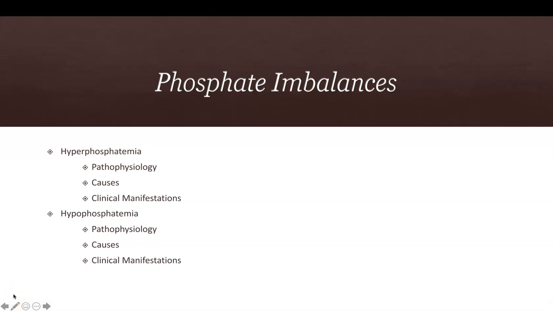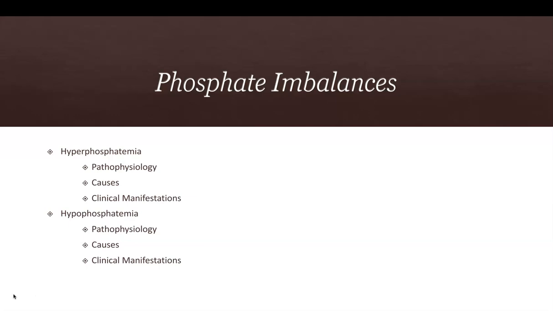With phosphate, again, the serum hyperphosphatemia, the serum concentration is elevated. We see this with patients who have acute or chronic renal failure with a low glomerular filtration rate. We can also see this a lot with metastatic tumors, which will release the large amounts of phosphate into the serum.